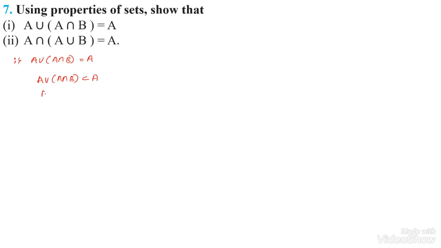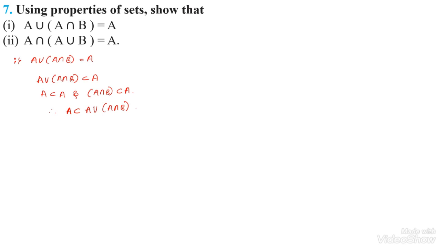It means A is a subset of A and A intersection B is also a subset of A according to the properties. Then, according to the property, A is a subset of A union (A intersection B).